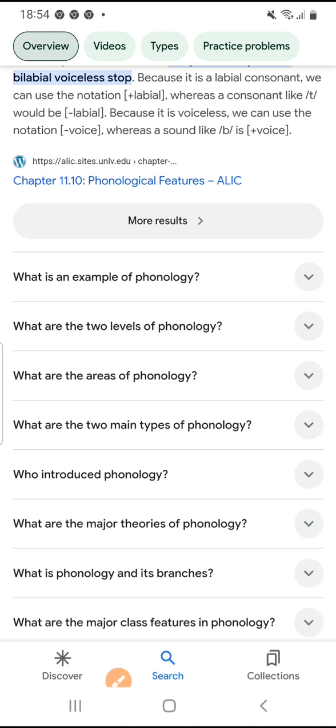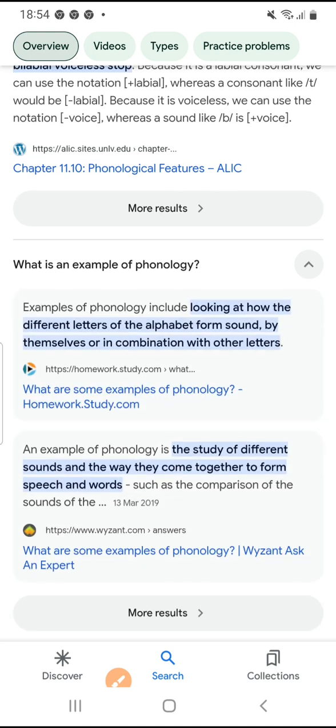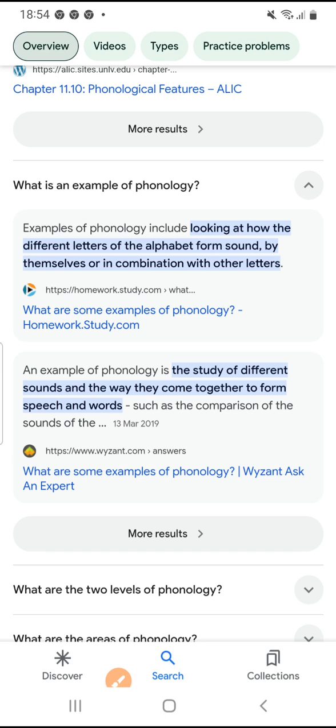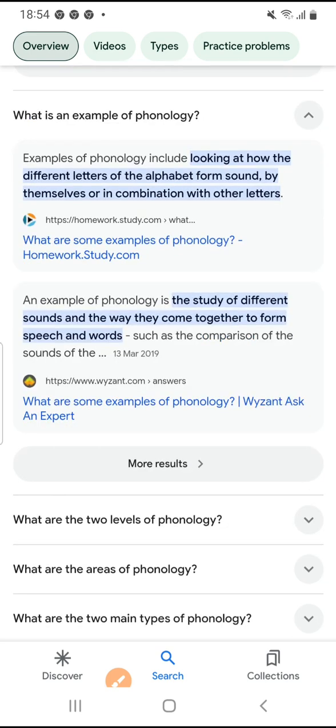And then finally, what are examples of phonology? It is looking at how the different letters of the alphabet form sounds by themselves or in combination with other letters. Another example is the study of different sounds and the way they come together to form speech and words.